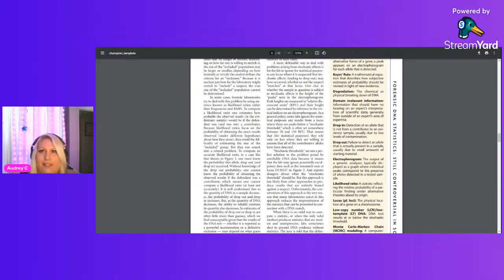That completely changes the sequence of things. But anyway, that it does happen. These stochastic effects and drop in and drop out are still very, very hot topics today in DNA. So one clue to whether the sample in question is subject to stochastic effects is the height of the peaks seen in the electropherogram.